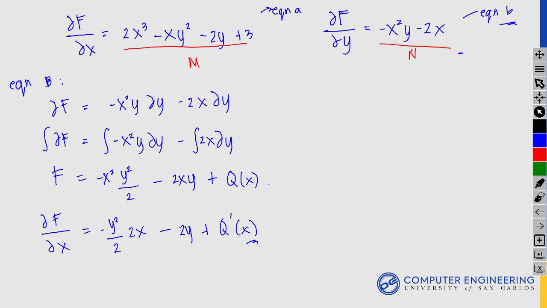Ultimately we want to know what u of x is, but in order to do that, we need to make this partial differential so that we can equate, so we now have two terms equal to this partial derivative. So we can equate this term to this term. So let's do that.